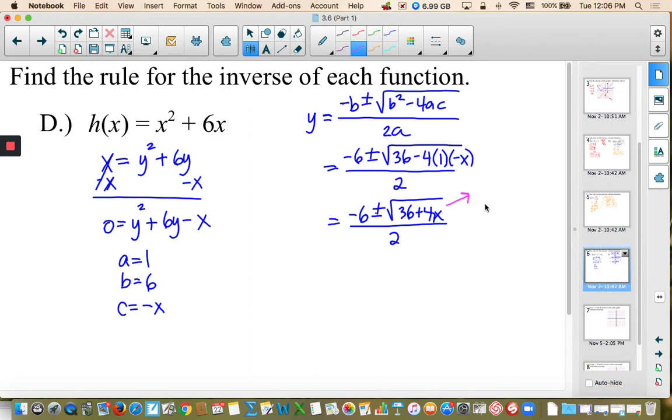So I can't take the perfect square of each of those, but I can factor out the greatest common factor of 4. If I do that, 36 divided by 4 is 9, plus 4x divided by 4 is x. And then I can take the square root of 4 because this is like the square root of 4 times the square root of 9 plus x, so I can take the square root of 4 to be 2. So this is negative 6 plus or minus 2 times the square root of 9 plus x.